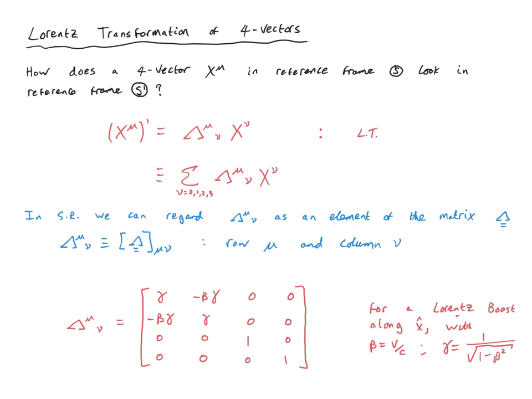Again, when referring to a row mu and a column nu of this matrix, because mu and nu are Greek indices which run over 0, 1, 2, and 3, we can label the rows and columns 0, 1, 2, and 3. And when we pick a specific element of this matrix, we can therefore refer to it by its row and column, mu and nu.